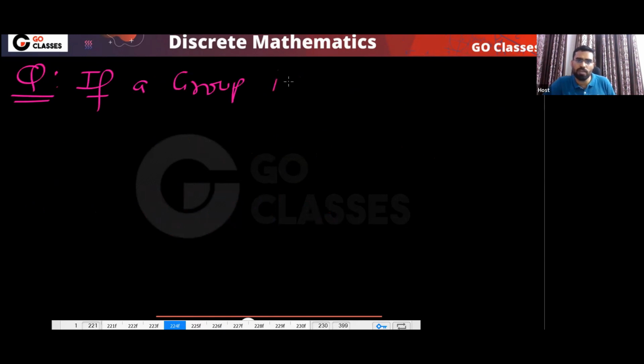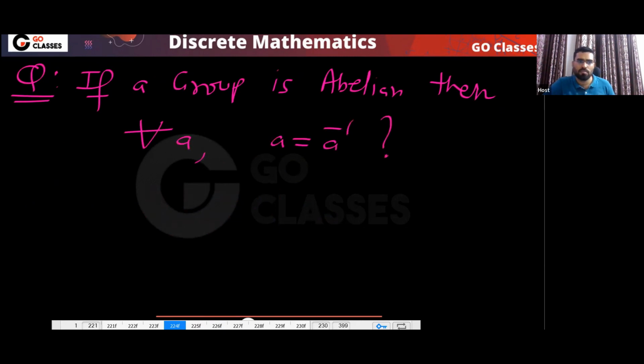If a group is abelian, then can I say for all A, A equal to A inverse? Tell me. The answer is no.